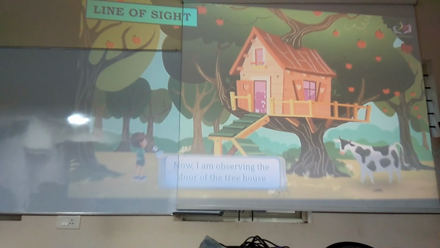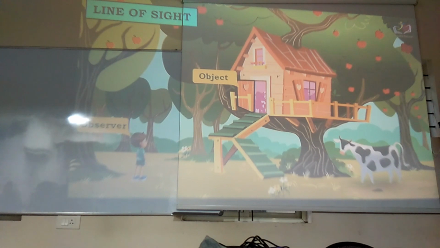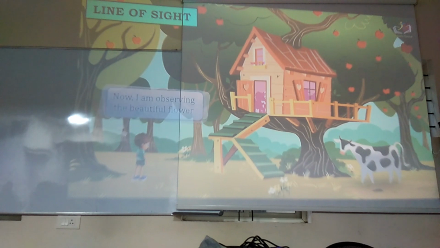Now let's observe the door on the tree house. Where is the door? The heart shape is there. So what he has to do? He has to look over there. Observer, object. This is again the line of sight. Then he is observing a beautiful flower.